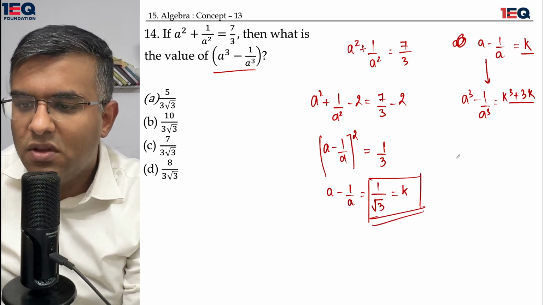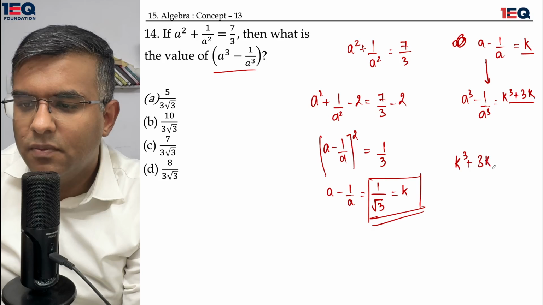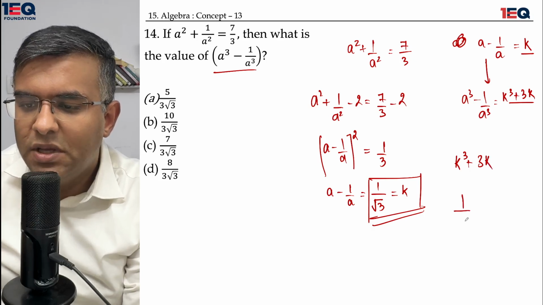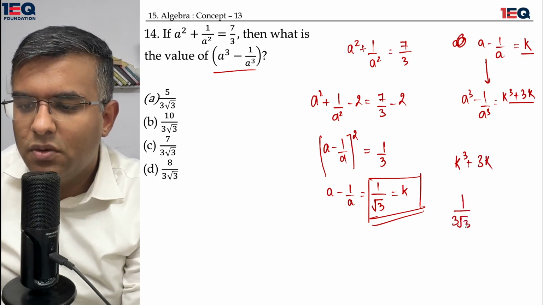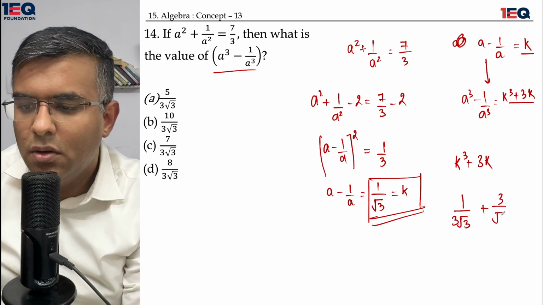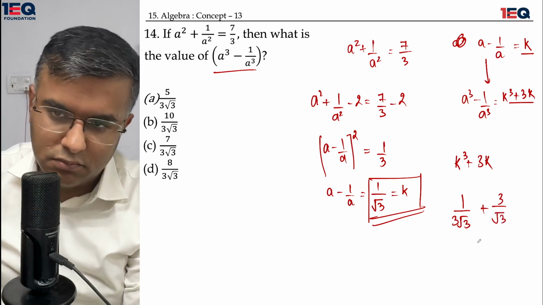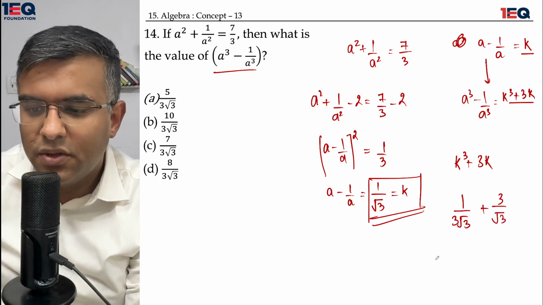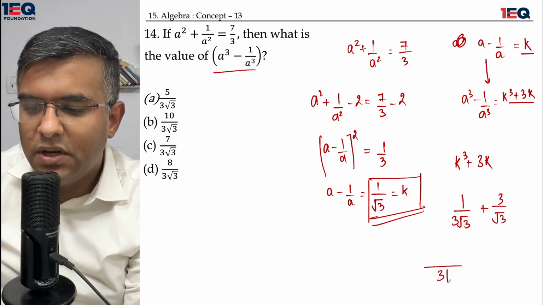I need to find out the value of this expression which says k cube plus 3k. K cube means 1 upon 3 root 3, plus 3k means 3 upon root 3, right? If I take an LCM, I would get 3 root 3 as the LCM and 1 plus 9.